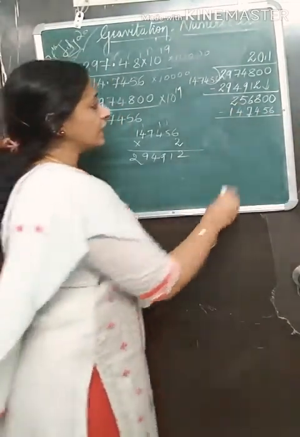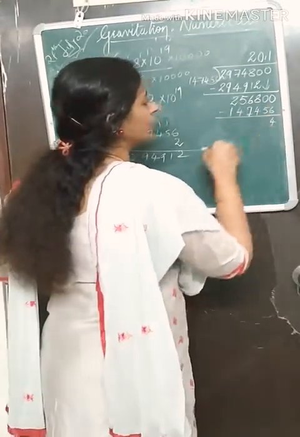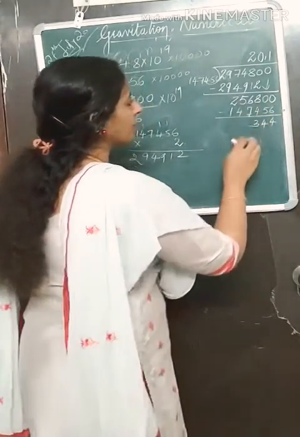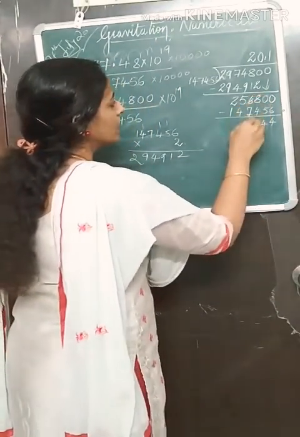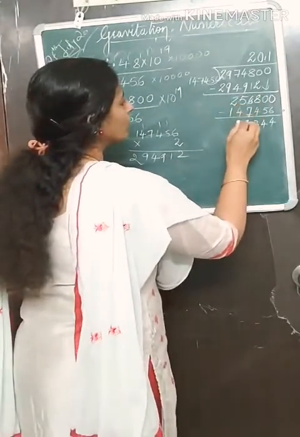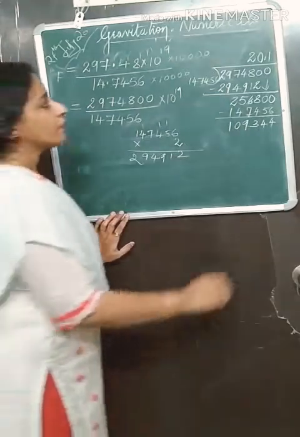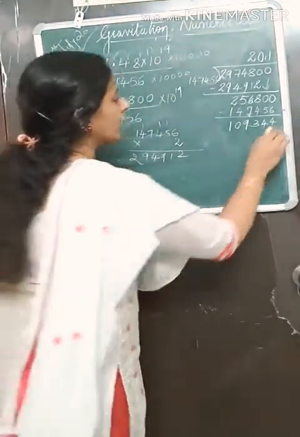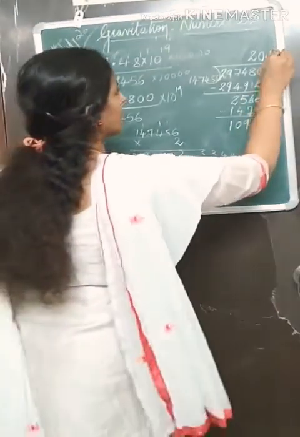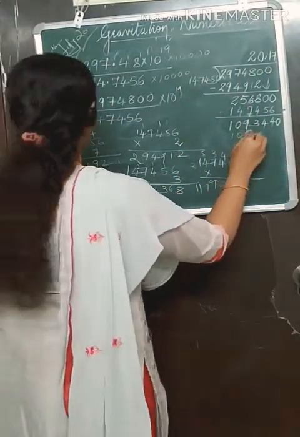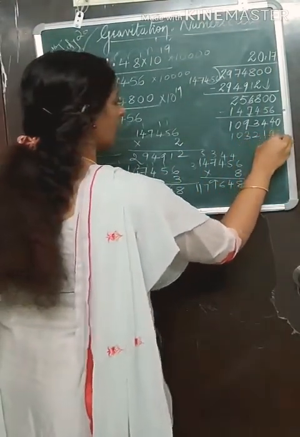Subtract carefully again. 10 minus 6, 4. 9 minus 5, 4. 7 minus 4, 3. Now this will be 16. So 9. 4 minus 4, 0. 2 minus 1, 1. Till 2 decimal places we want. Again it is 7s. We'll stop here. 1, 0, 3, 2, 1, 9, 2.